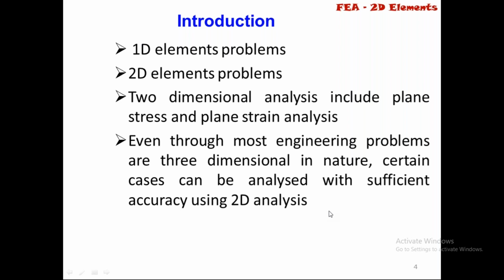If you consider a single page of a notebook, that is also a 3D object, but we treat the negligible third dimension as zero. Practically a page is also three-dimensional, but for assumption's sake we consider it 2D. For most engineering problems, we can convert three-dimensional into two-dimensional for simplicity of calculation.